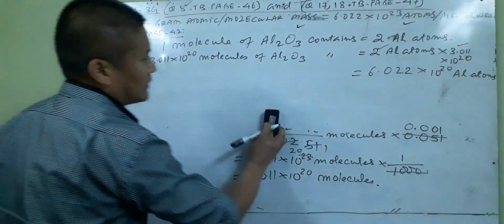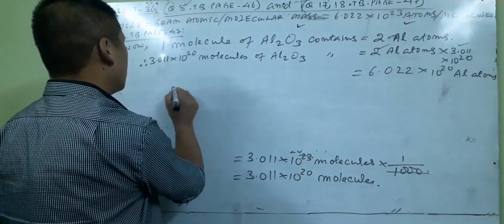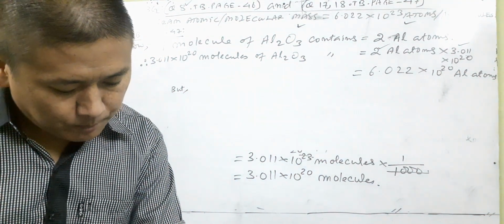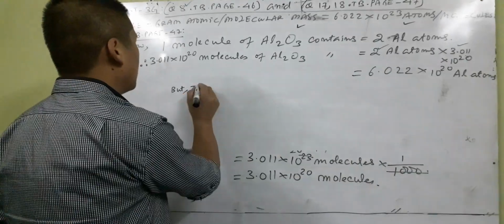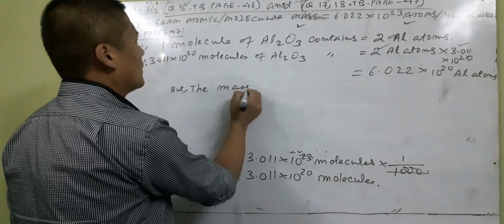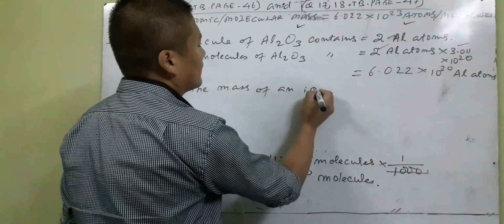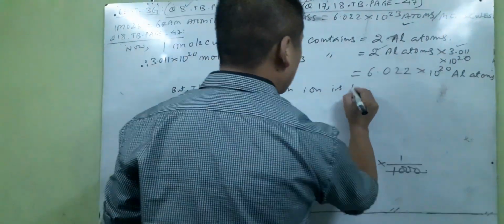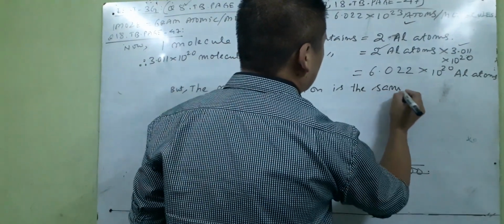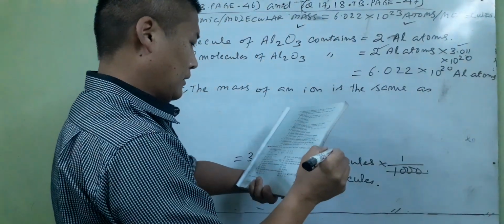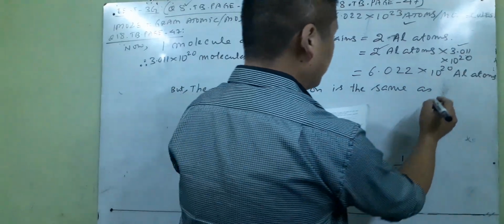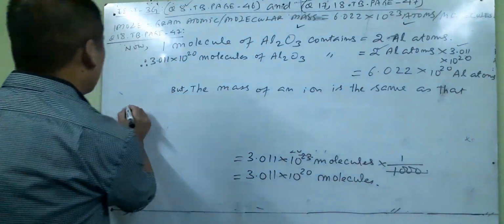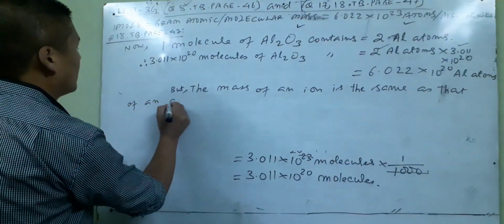But before you write the final answer, look at the last part. The mass of an ion is the same as that of an atom.